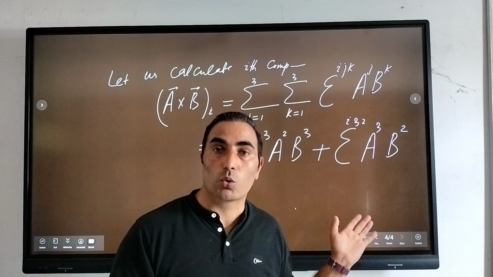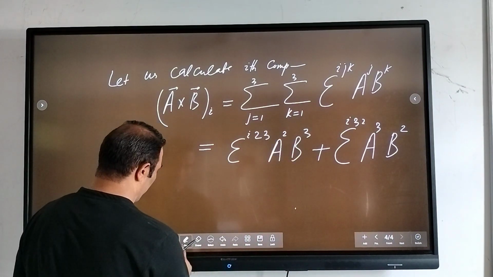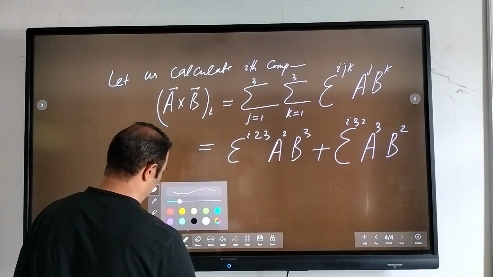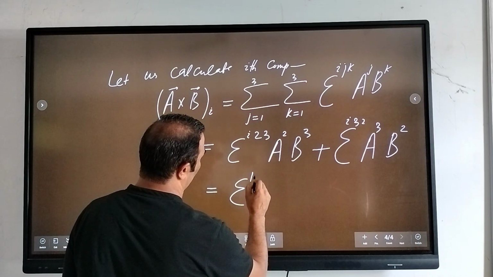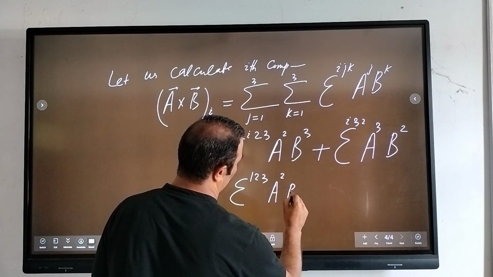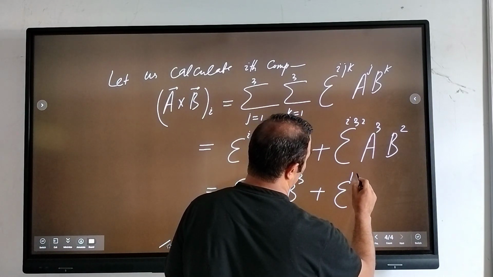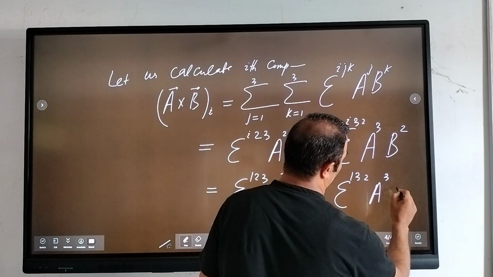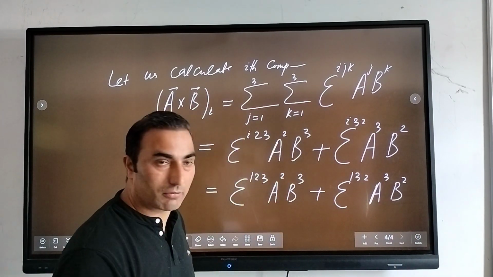So following the property of the Levi-Civita symbol, this will be equal to epsilon 1 2 3. Okay, so this is very clear. Now what is epsilon 1 2 3?